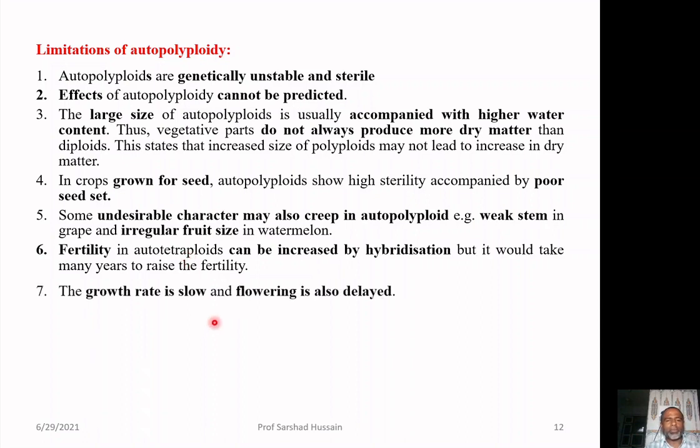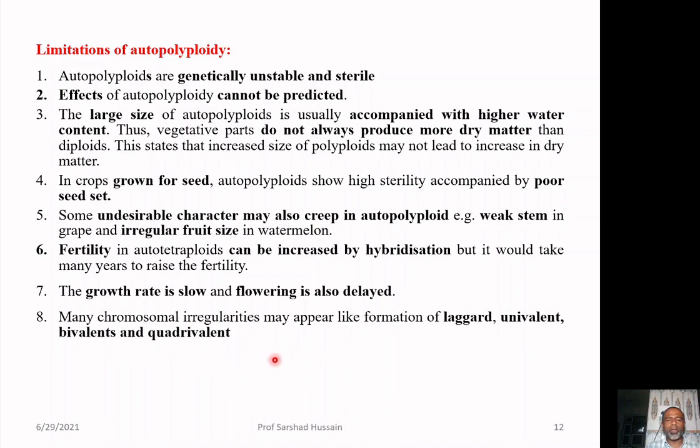The growth rate is very slow, so flowering is also delayed. Though they are large in size and very showy, the growth rate is very slow and flowering is delayed. It does not come early during the spring season. Many chromosomal irregularities may appear in autopolyploids. That means sometimes a chromosome will lag behind, will not be distributed to any cell during meiosis, will remain in between and will be lost.